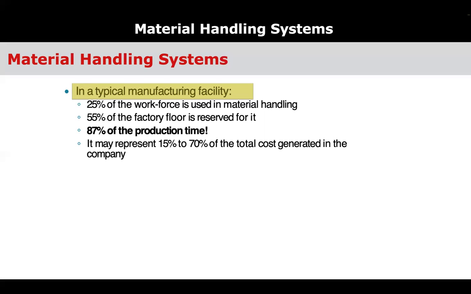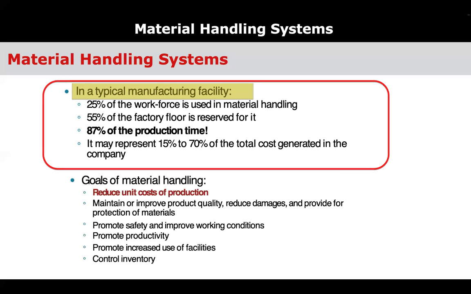So it's not just of the product, but of the total costs of the expenditures in the company. 15 to 70% could just be in material handling. That's the reason, I mean, that's some pretty big numbers. So anytime we can make an impact there, that's going to be a great benefit to the company and can give it a competitive edge.